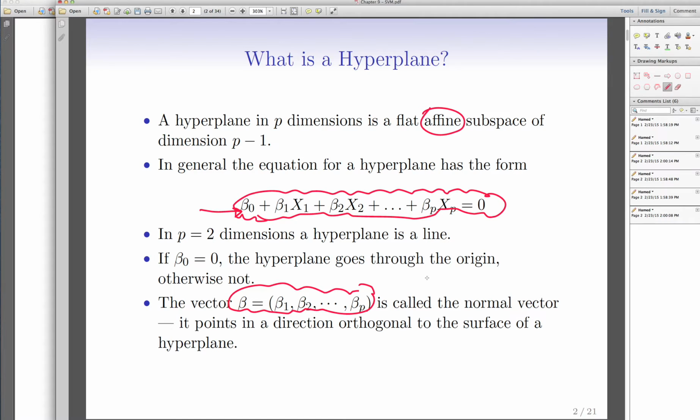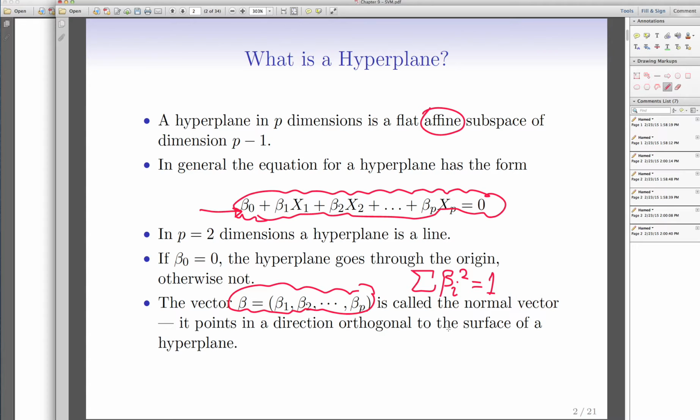So let's fix our choice of betas such that the sum of squares is 1, then we get a normal vector with norm 1. This normal vector defines my whole line, and if the summation of the squares is equal to 1, it is called a normal vector. That's orthogonal to the surface of the hyperplane.